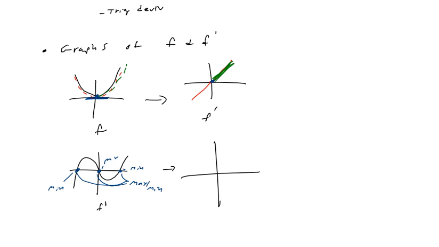So we're going to have something like, let's see, negative slope to 0, positive, and then negative to 0, and then positive. Something like this. Here we're going to have our 0. That's this one here.